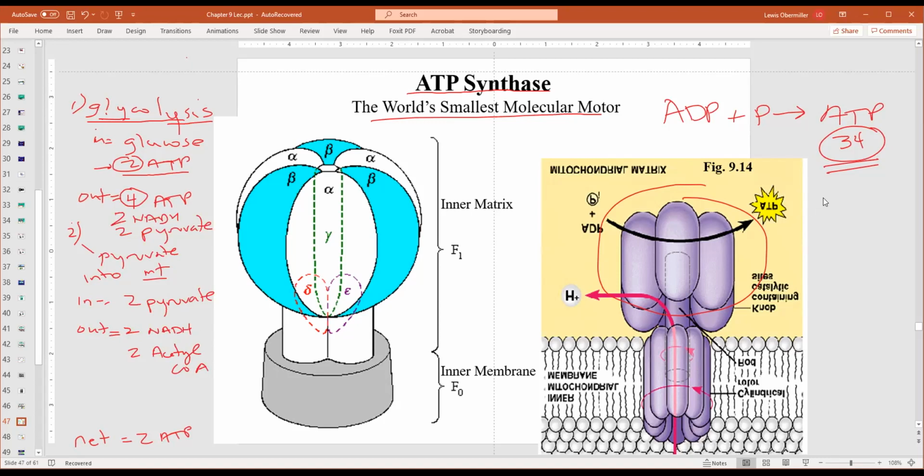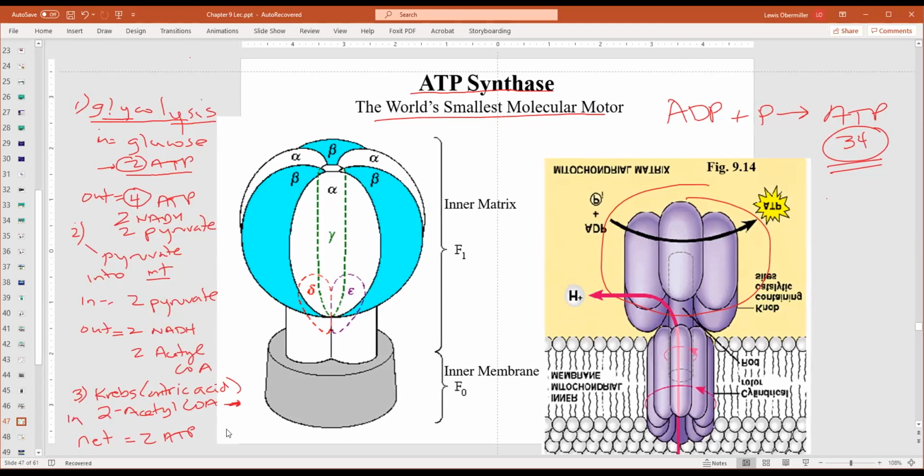And then in step 3, we have the Krebs cycle, or the citric acid cycle. In there we put in 2 acetyl-CoA, and then what comes out is 2 ATP.